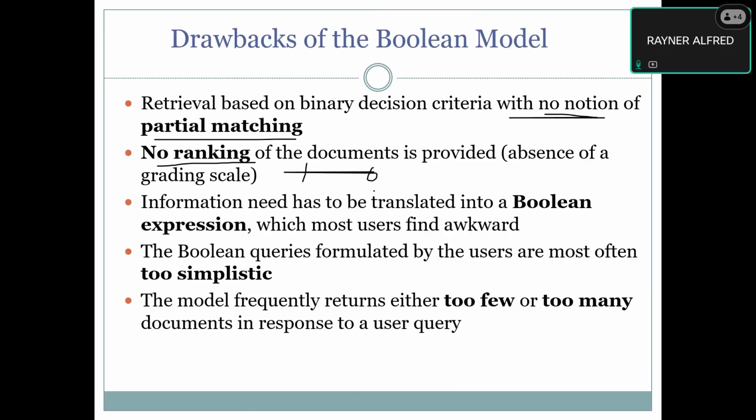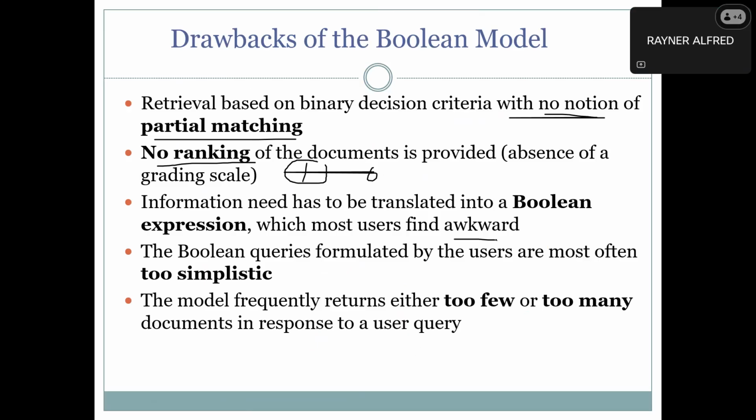If we have retrieved 6 documents, all the scores are 1. Okay? So the information need has to be translated into a Boolean expression, which means we only use binary, 0 and 1. We cannot capture how many times a term exists and so on.